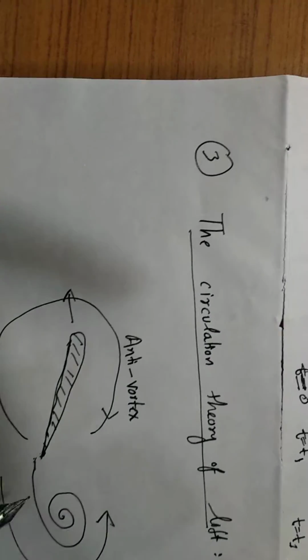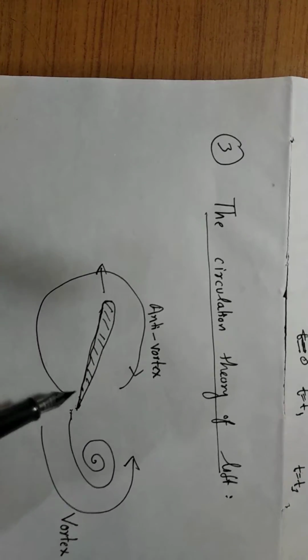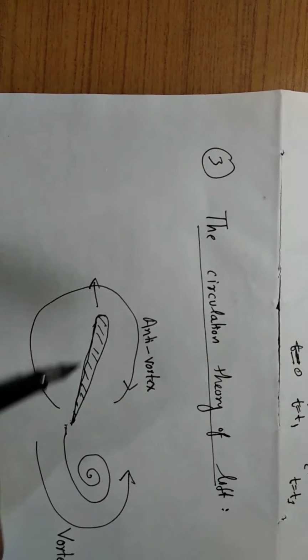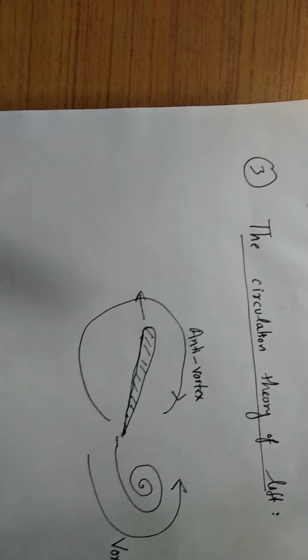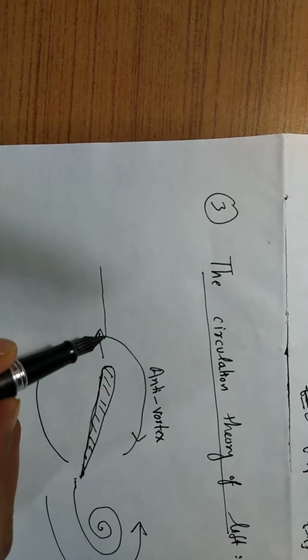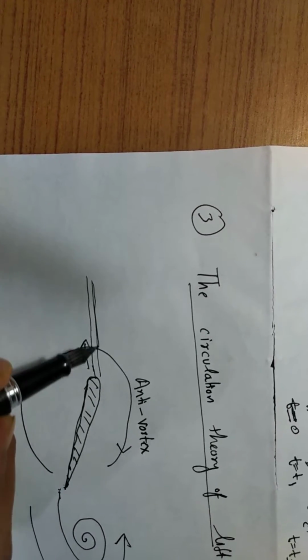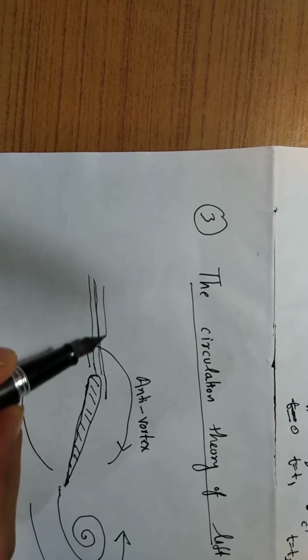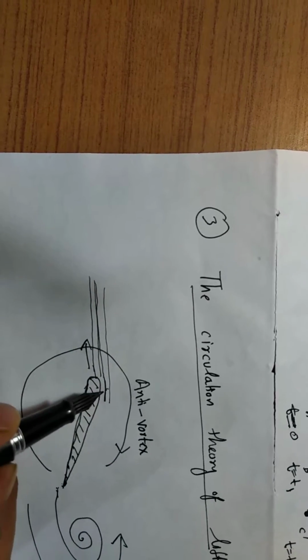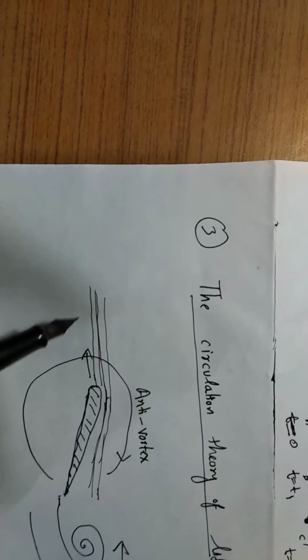Okay, now the question is, why is there a vortex generated when the plane starts, or when the flow starts over the wing profile? The reason is this. When the air streams are coming like this, they are getting squeezed on the upper surface of the wing, and then it is opening up in this way.